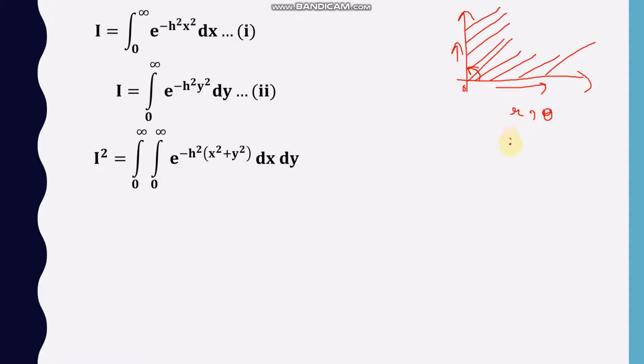Further, we know when we convert Cartesian into polar coordinates, then x square plus y square is equal to r square, and theta is equal to tan inverse y by x, and dx dy will be changed to r dr d theta.